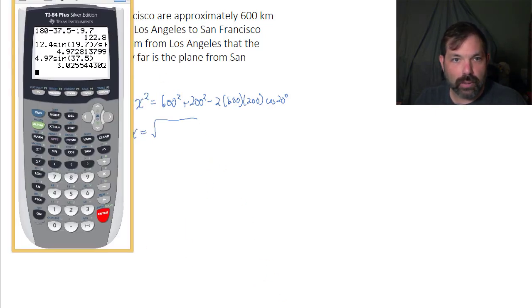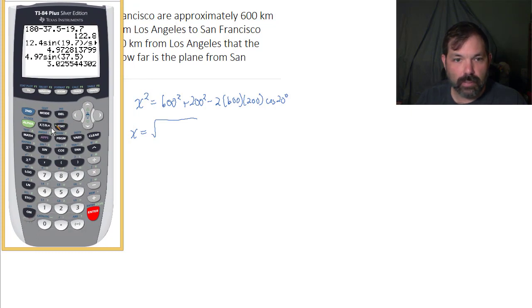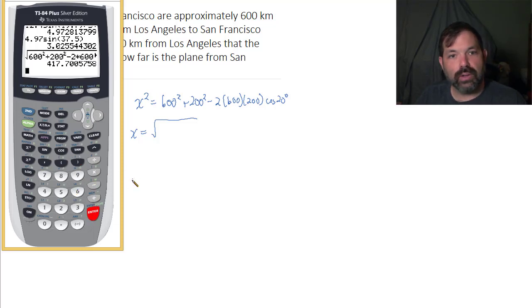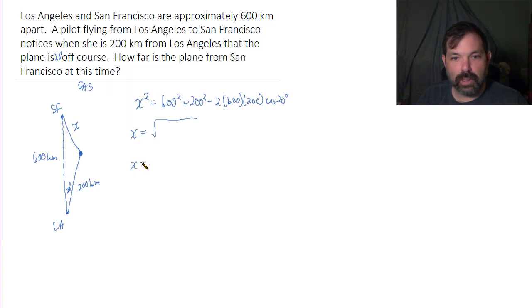So we bring up our calculator, do the calculations, and I'll just do it all in one step. The square root of 600 squared plus 200 squared minus 2 times 600 times 200 times the cosine of 20 degrees. X is approximately 418 kilometers.